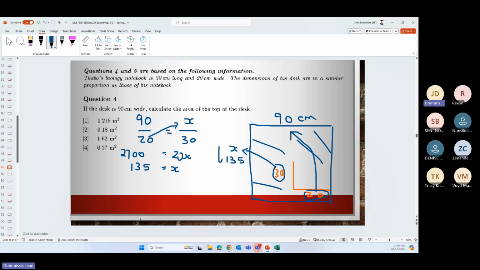So then if we need to work out what the area is, it is length times breadth. But now, first, this is in square meters. So I would first change this into meters.